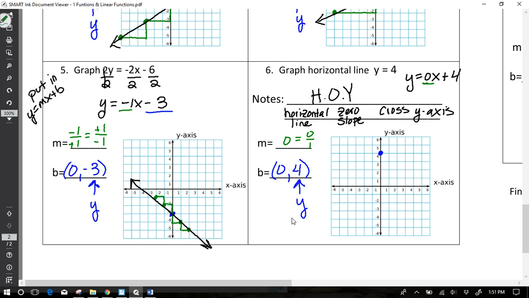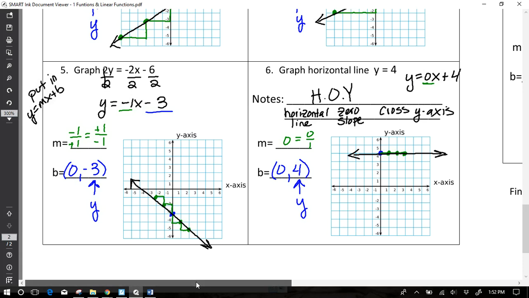So I rise from here 0, and then I go right 1. Then I rise 0, and I go right 1. And there's points here. I rise 0, and I go right 1. And you can see if I continue, this is just going to make a nice straight horizontal line that goes directly through the y-axis, and it's never going to touch the x-axis. And so that's why we use HOI as our acronym to help us remember.